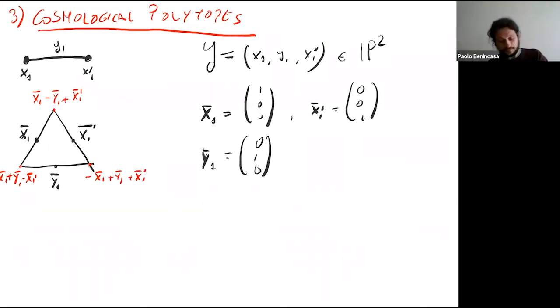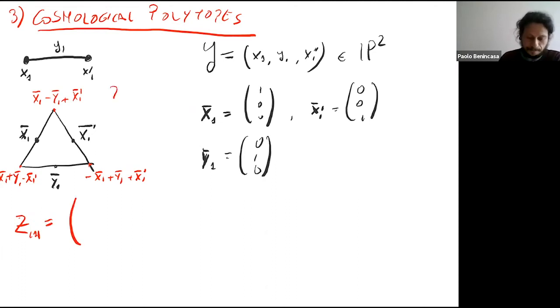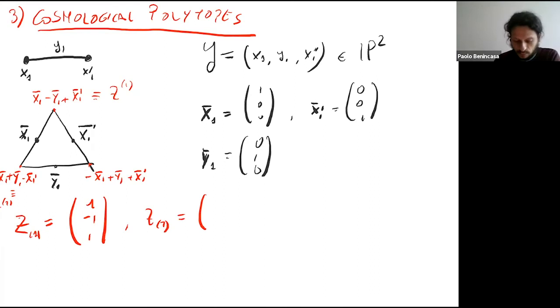Now I can call the vertices Z1, Z2, and Z3. Z1 is 1, minus 1, 1. Z2 is 1, 1, minus 1, and Z3 is minus 1, 1, 1.